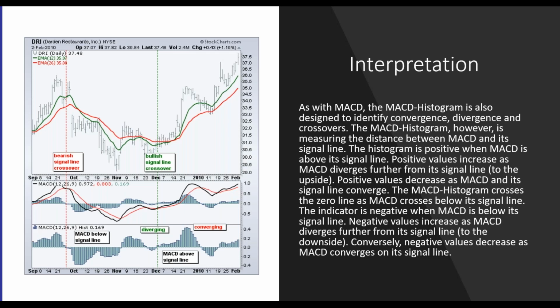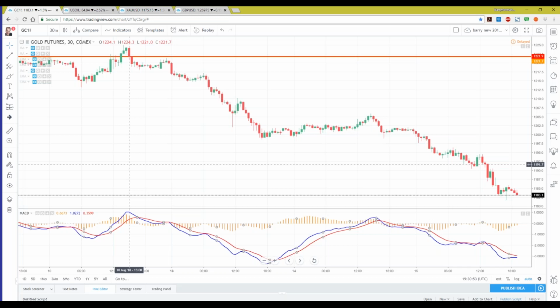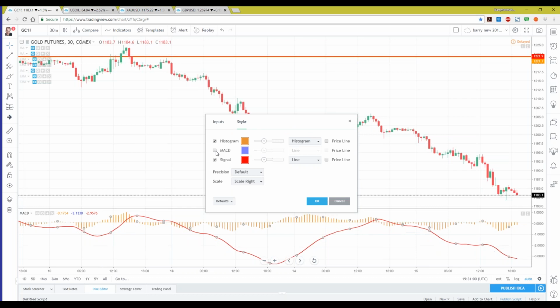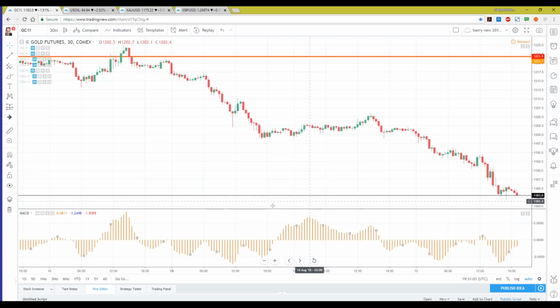So let's go over and look at this histogram again on the chart. Technically, we could do away with the MACD line and the MACD signal line and see everything we need to see right on this histogram. Because now we don't have any EMAs on the price chart here.